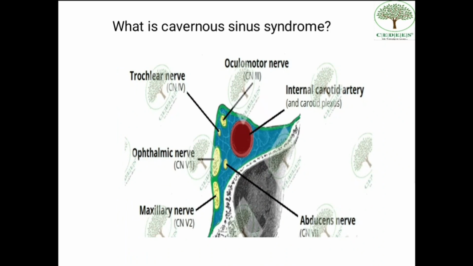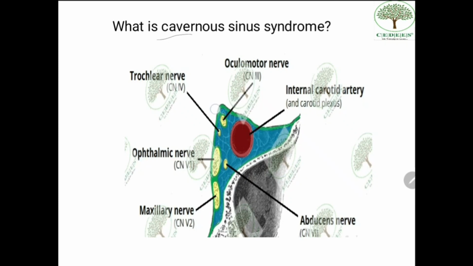Now a student was asking, what is cavernous sinus syndrome? Basically you all know that the cavernous sinus is a paired dural venous sinus. It is a dural venous sinus which consists of a number of important structures which are passing through it.